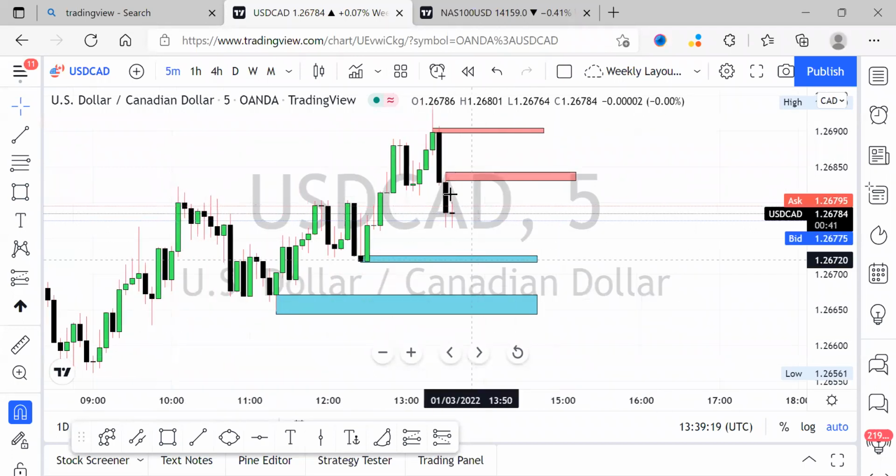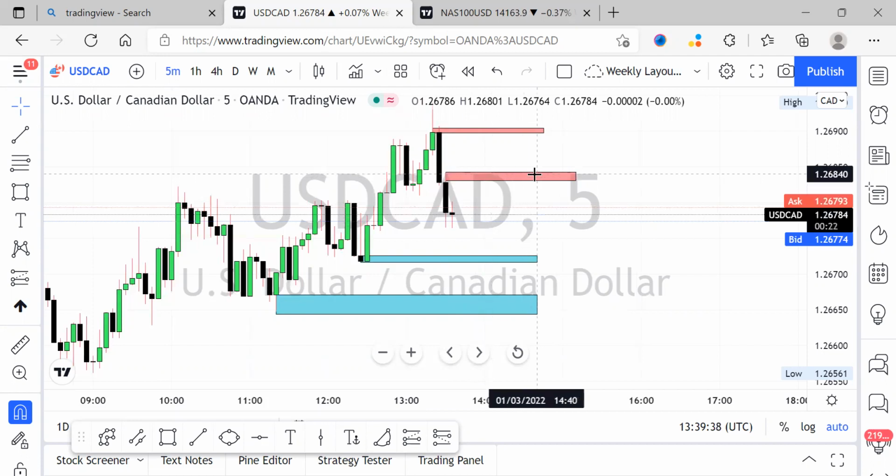By marking these zones on the 5-minute chart, we can look at where price should be going towards. If we look at reversal points, we either buy from here or we buy from here. We do not just sell in the middle. We sell from this zone, we buy from this zone, and nothing else.